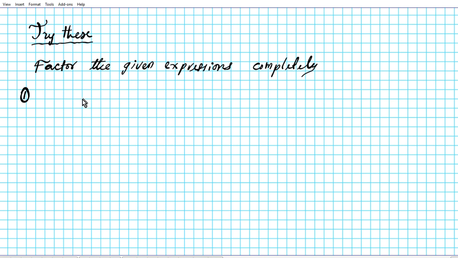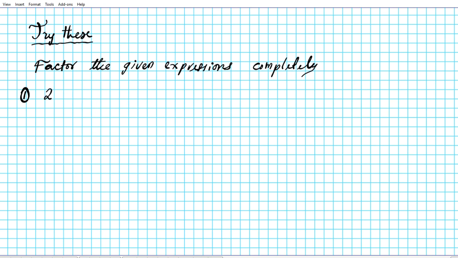Alright, so how well did you master the procedure we just covered in the previous example? To demonstrate mastery, we would like you to try out the following problems. Instructions are to factor the given expressions completely. So what you're going to do is copy down these problems, pause the video, factor them completely, and then reinitiate the playback and see if your answers are correct, because we'll be displaying the answers momentarily.